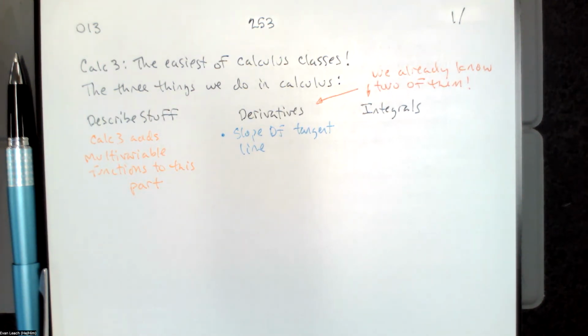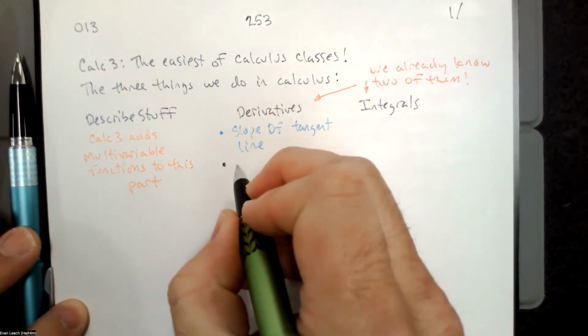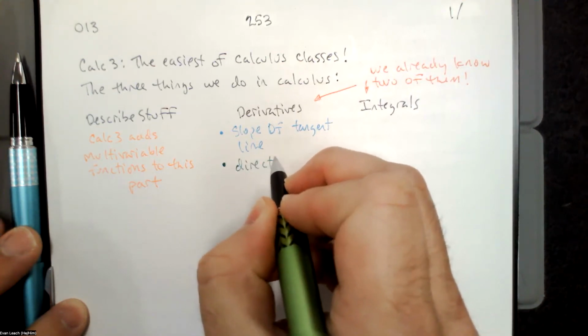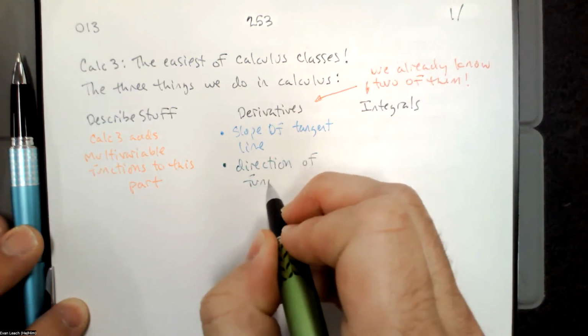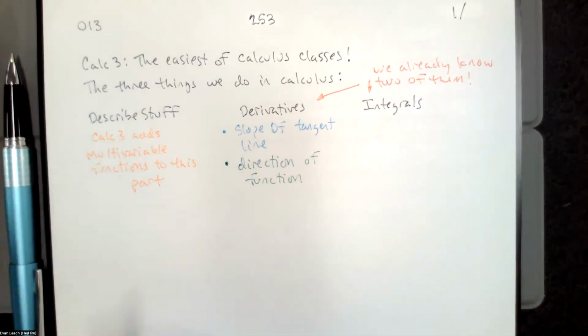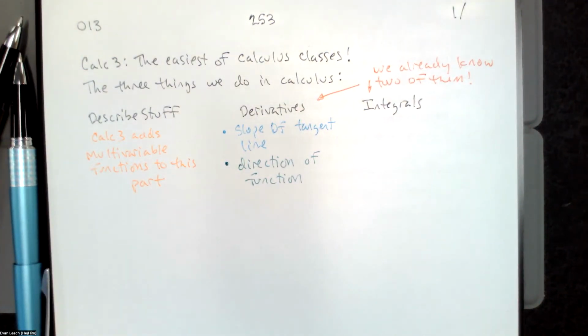We also talked about derivatives when we wanted to discuss the instantaneous rate of change. I want to modify that just a little bit by saying the direction that we're headed. Think of the derivative as telling us about the direction, because that's what the slope represents. The slope is just a direction. It's saying which way we are going.